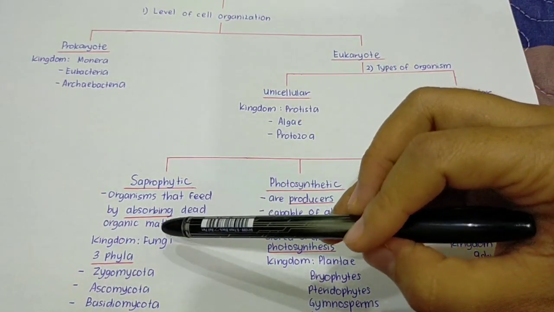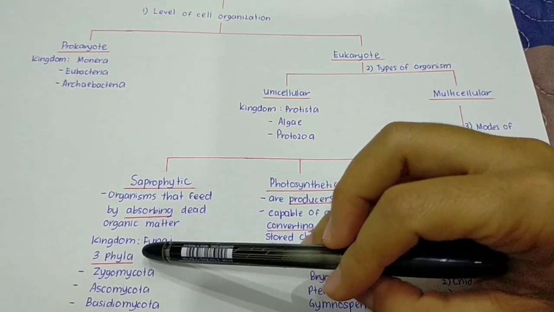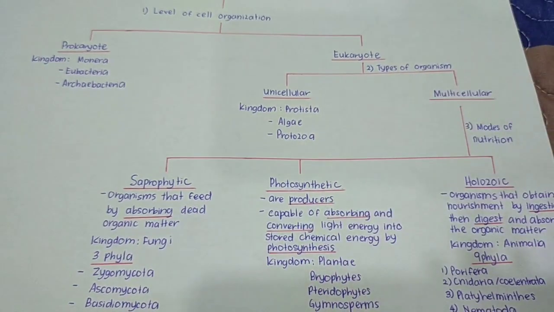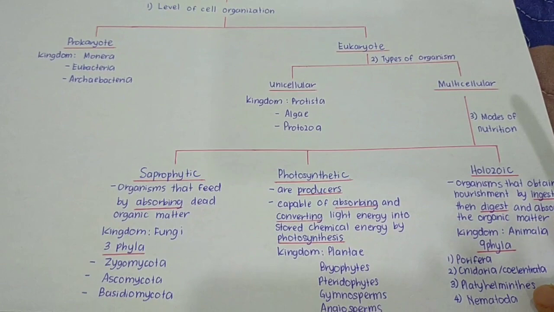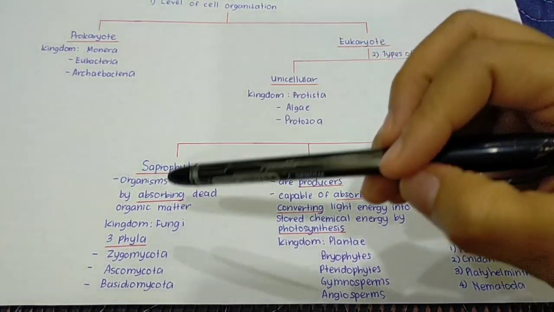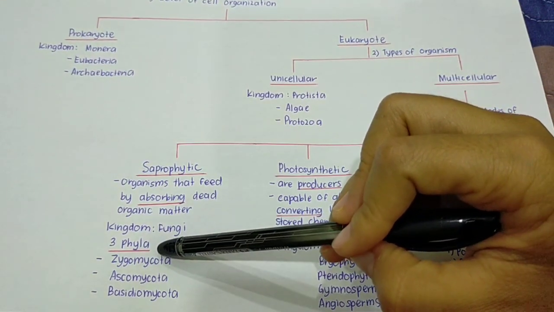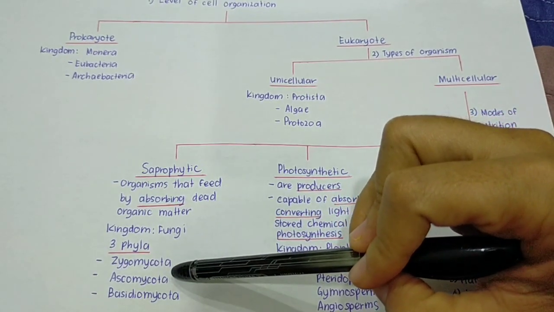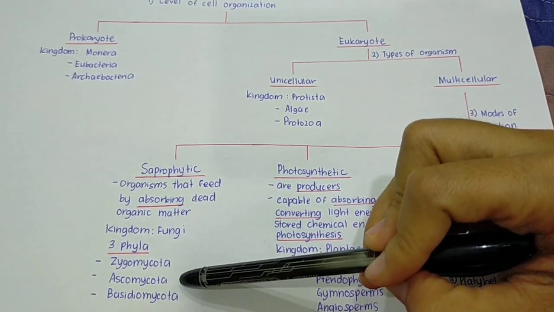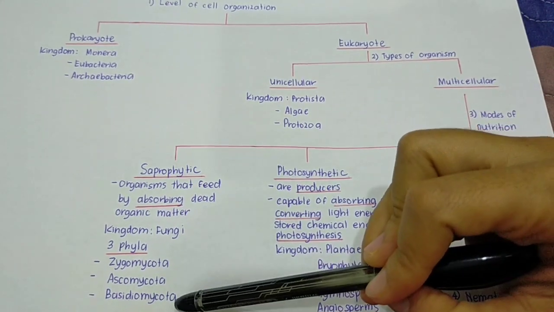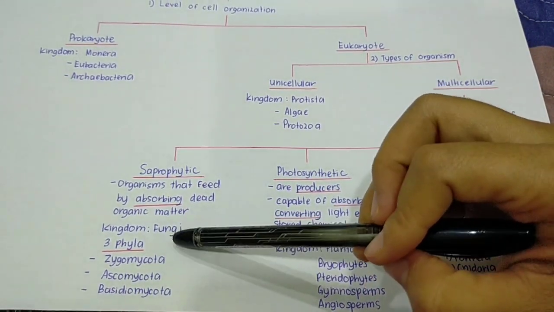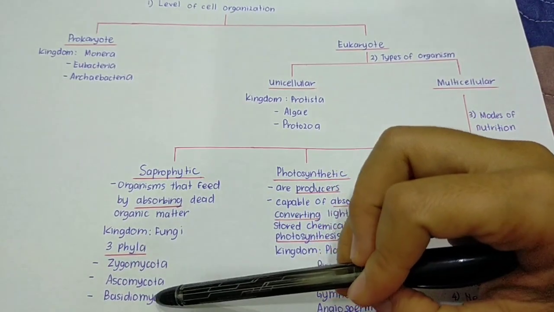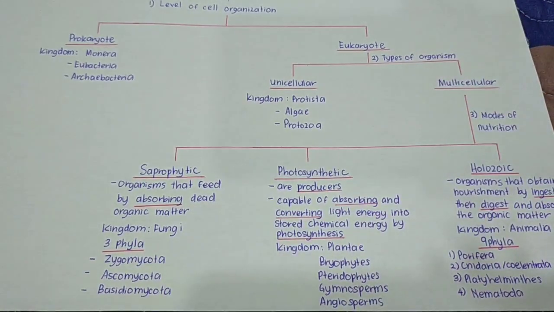It is the organism under kingdom fungi, which is the third kingdom. Kingdom fungi will be classified into another 3 phyla. The first one we call phylum Zygomycota, second phylum Ascomycota, and third Basidiomycota. The details for the phyla under kingdom fungi we will discuss later.